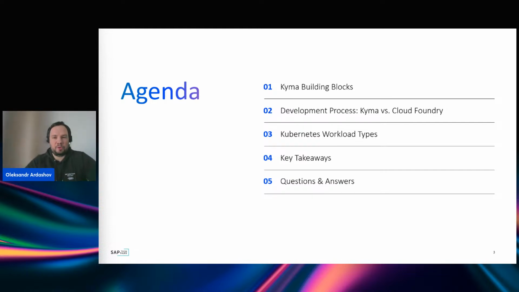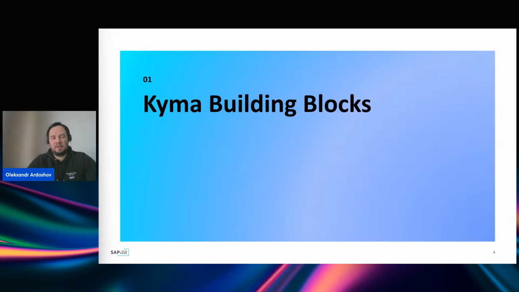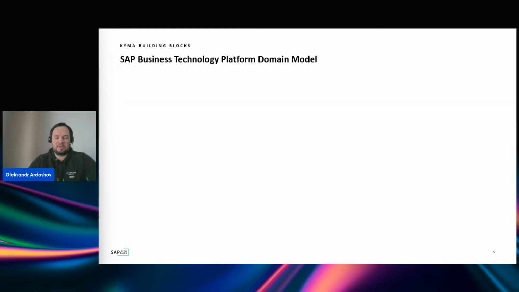Before that, we will talk a bit about the environments available on the SAP BTP platform, and before that, we start from the BTP platform itself and what Kyma is. So today our agenda is like this. And let's start from the Kyma building blocks.